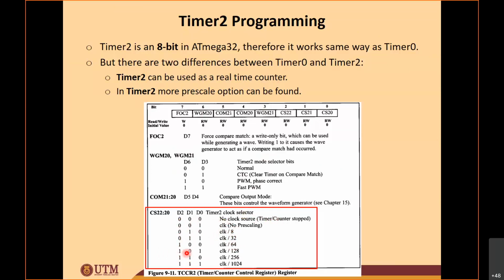Then 101 is an additional prescaler of 128. 110 is for 256 and 111 is for 1024. So you have two additional prescalers here, which are 32 and 128.